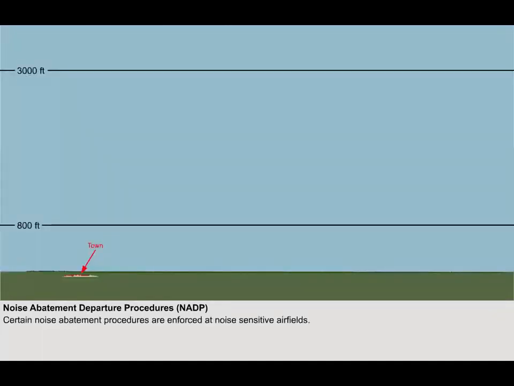The first procedure, Noise Abatement Departure Procedure 1, is intended to provide noise reduction for noise-sensitive areas in close proximity to the departure end of the runway. The second procedure, Noise Abatement Departure Procedure 2, provides noise reduction to areas more distant from the runway end.